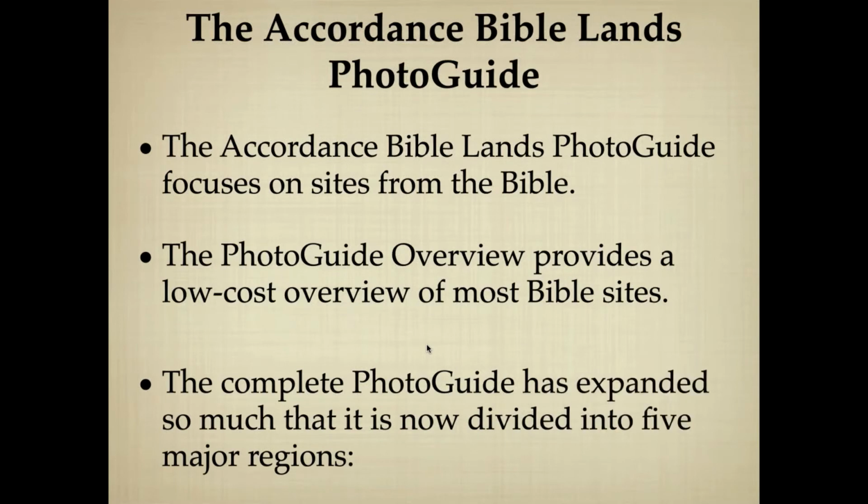Because the photo guide has gotten so big, with literally thousands of pictures now, we've expanded it so much that it's now divided into 5 major regions. And I'll show examples of the photo guide in the 5 regions that we have for the Bible.